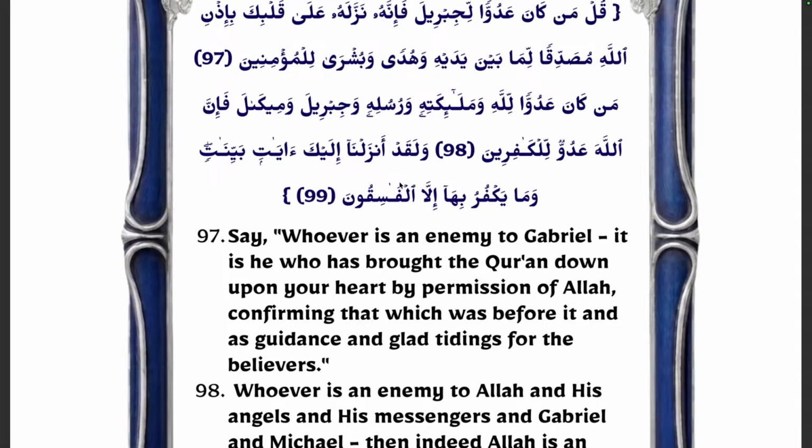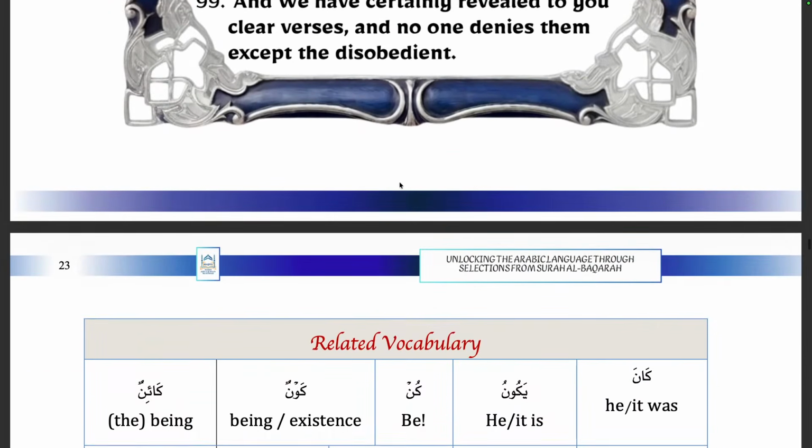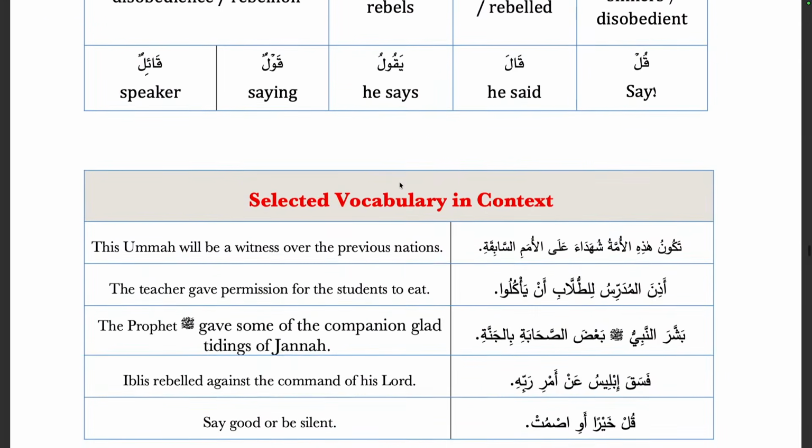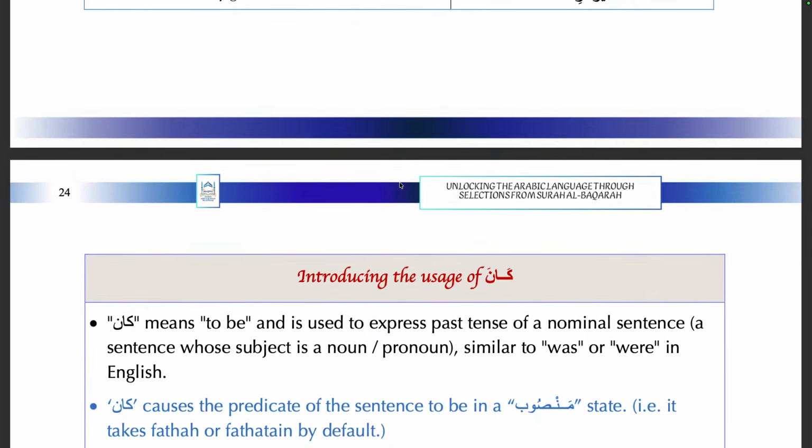There's no need for it in Arabic. This is a different is. This is the is from the verb to be. Naturally you know it in your language, in English, but with usage, you're gonna understand it more.